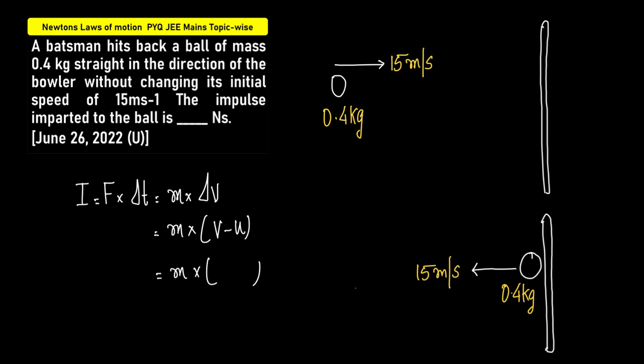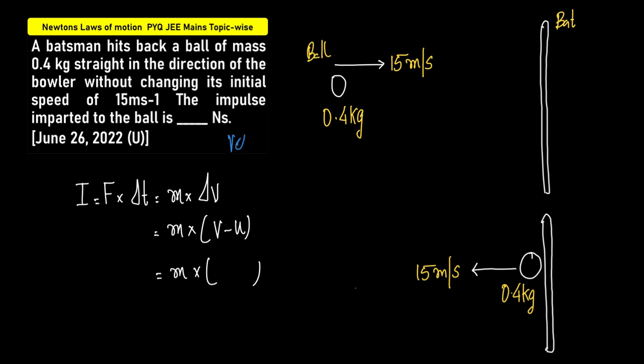Now, if we were to visualize this given scenario here, assume this to be the bat, and this is the ball. Now, the ball is approaching the bat and goes straight in the direction of the bowler without changing its initial speed. Now the speed is not changed, but the direction is changed.